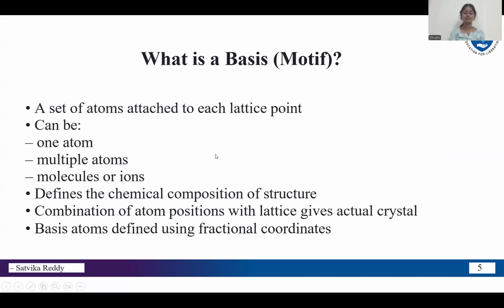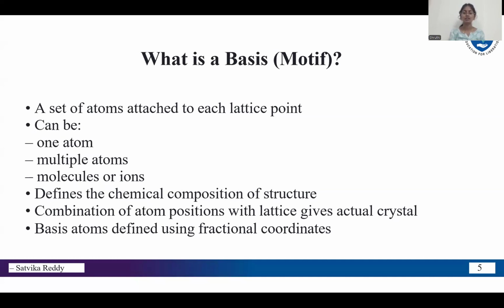What is a basis? A basis is a set of atoms, molecules, or a group that is associated with each lattice point. A basis can contain one atom, a simple structure like polonium; two atoms, like NaCl and diamond; or many atoms, in complex crystals. The basis defines the chemical nature of the crystal.